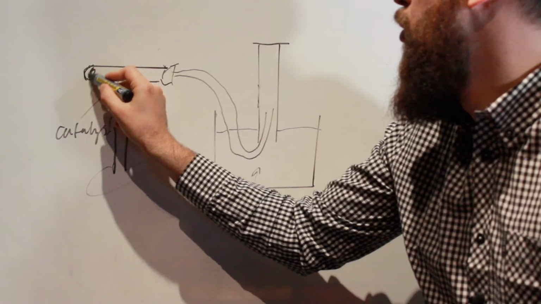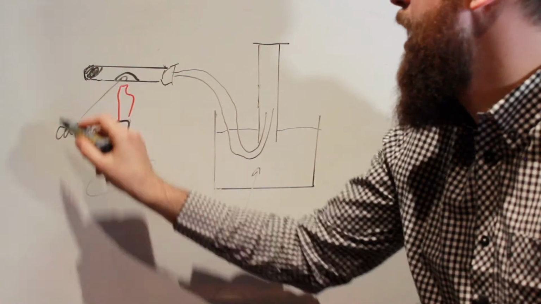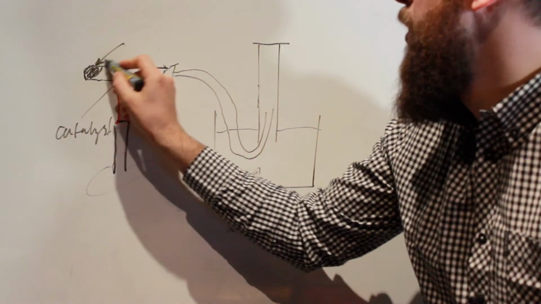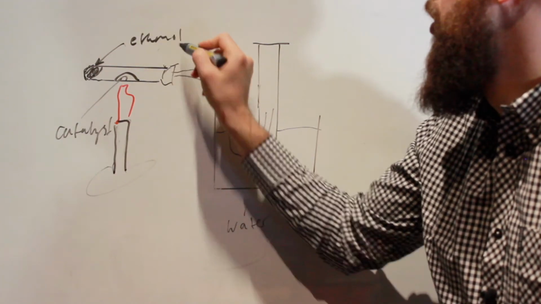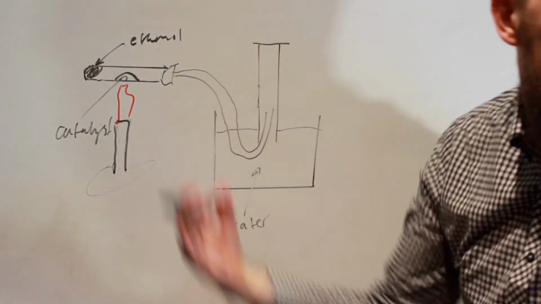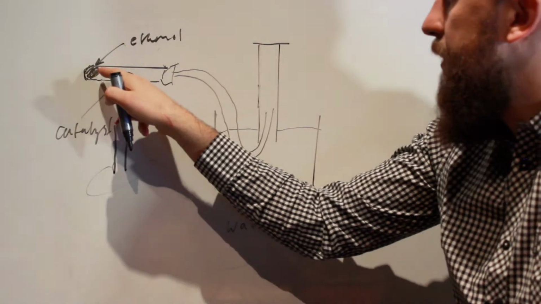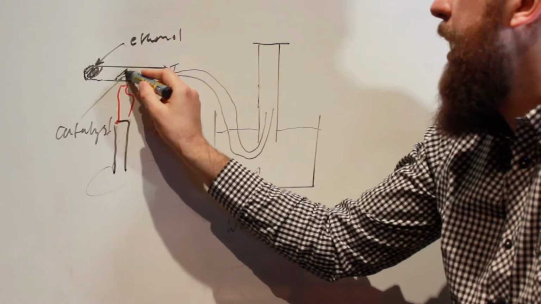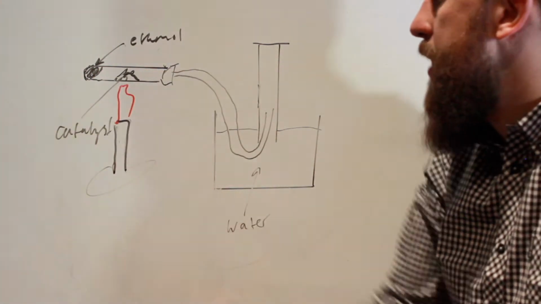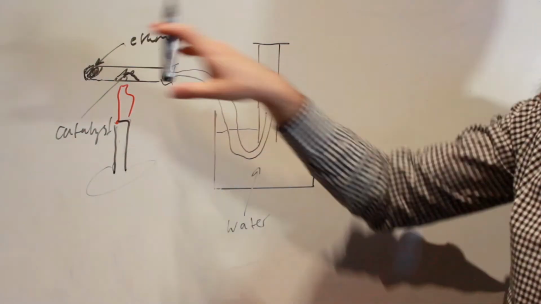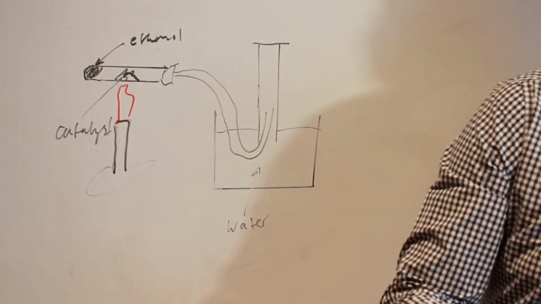We have our ethanol soaked in cotton wool at the end there. As this heats up, it is going to go into the gaseous phase. We're going to pass it over the catalyst, which catalyzes the reaction from the alcohol into the alkene.